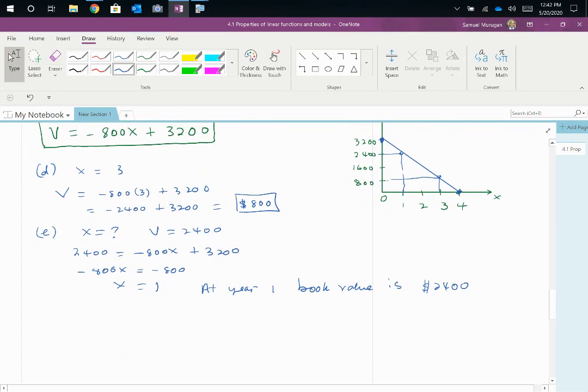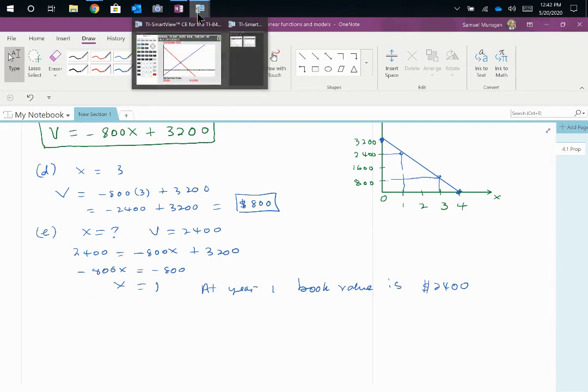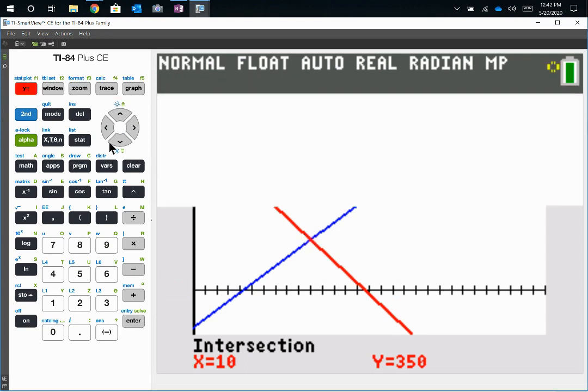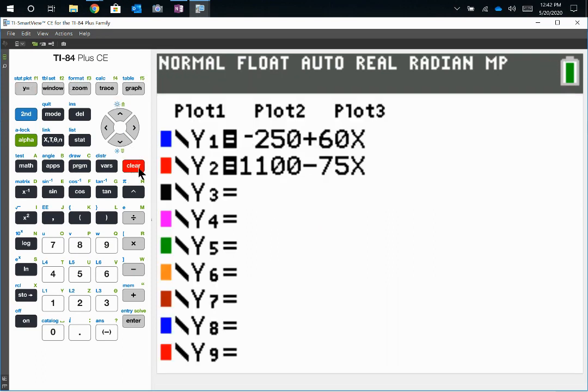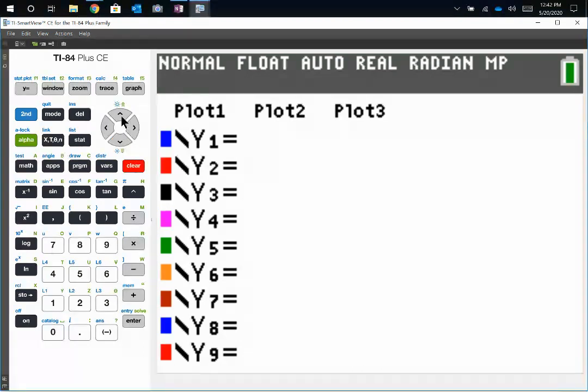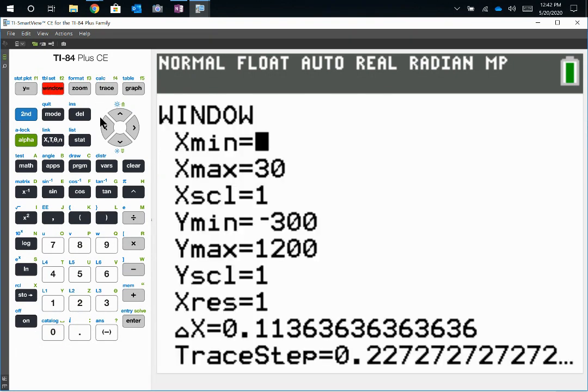I just want to make sure you know how to graph something like this with your calculator. So let's go in here. We can clear the other graph, and then put in our function, which is negative 800x plus 3,200. Fix your window. X is from 0 to 4 years.